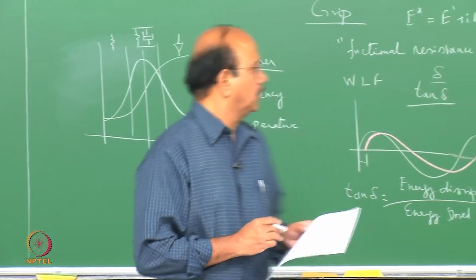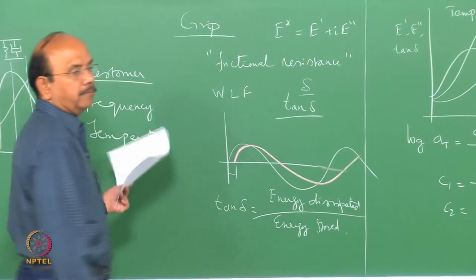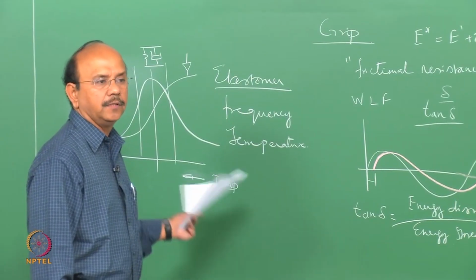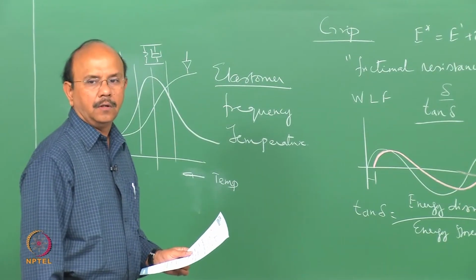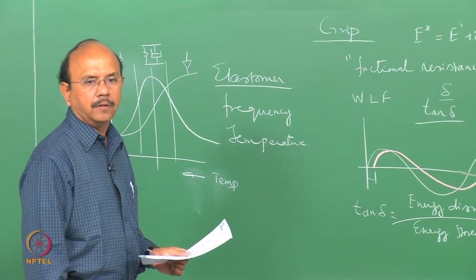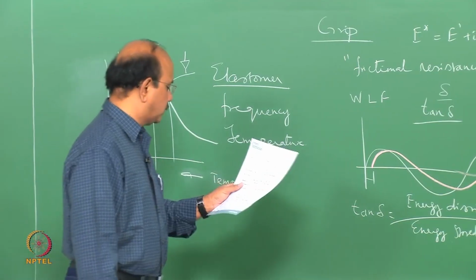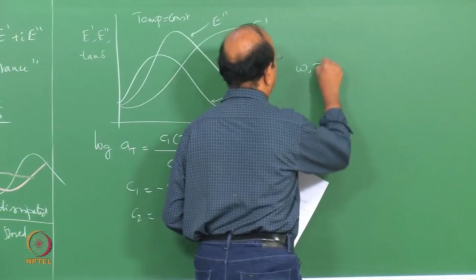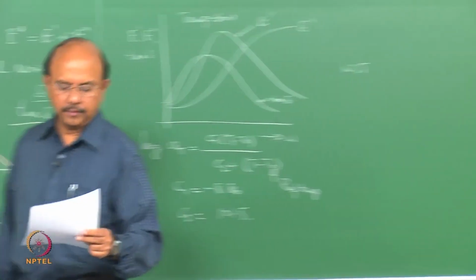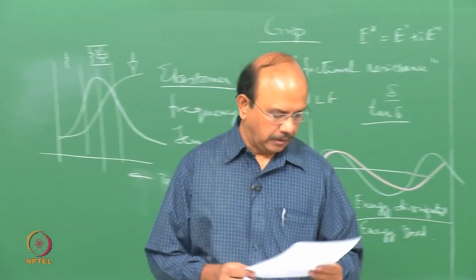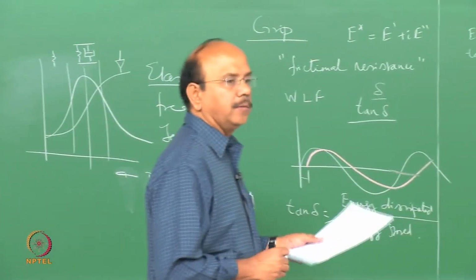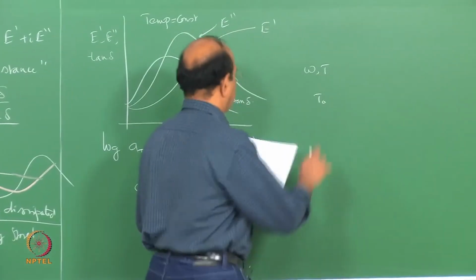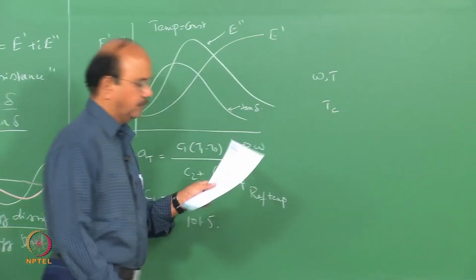Now, glass transition temperature itself depends upon the frequency. So when I shift the frequency, the glass transition temperature also shifts. Now, how do we use this? Suppose I have the data recorded at omega and T, and I want to determine what this data would be at a temperature, say Tc.